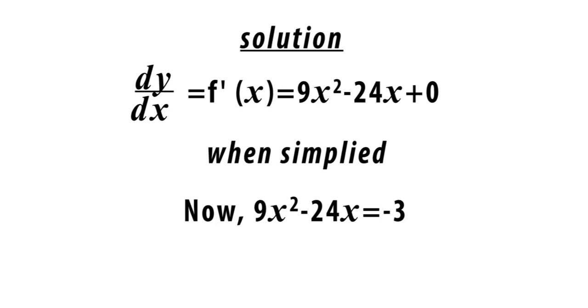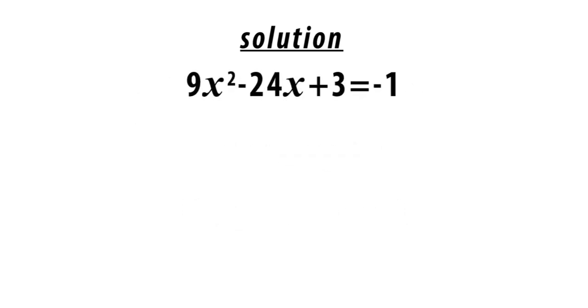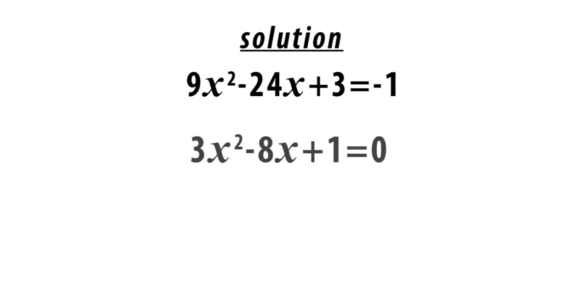But then there's a common factor here, which is 3. So we will use 3 to divide through. And that will give us 3x squared minus 8x is equal to negative 1. Then we transpose. We want to bring all to one side and equate to 0.